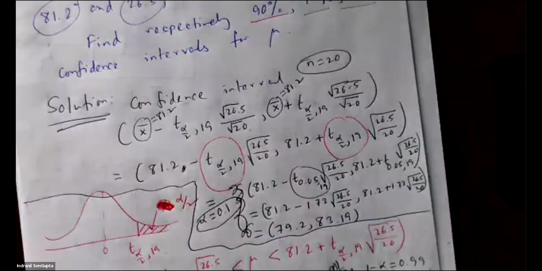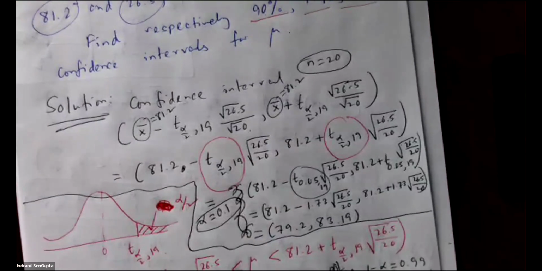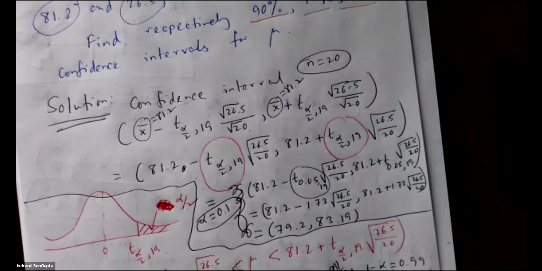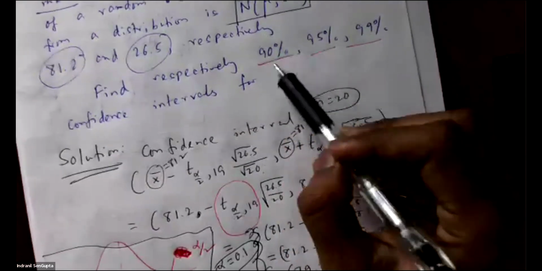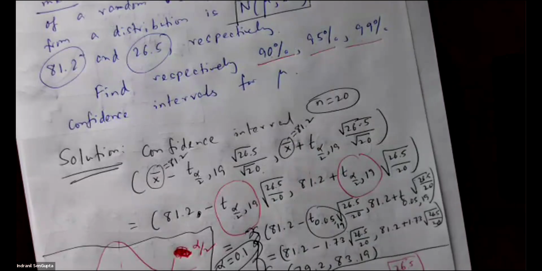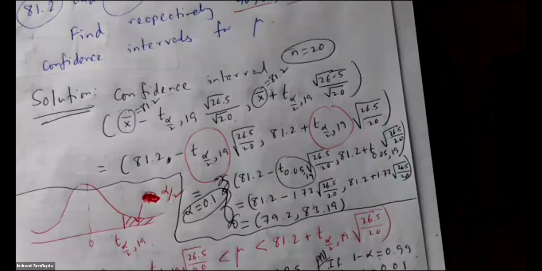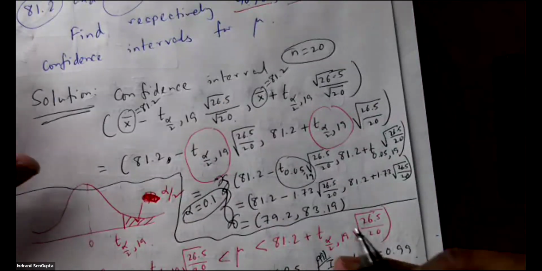So the confidence interval based on this sample is this one. So your 90% chance is there that the mu is between these two based on the sample. Okay. What will be for the second case?